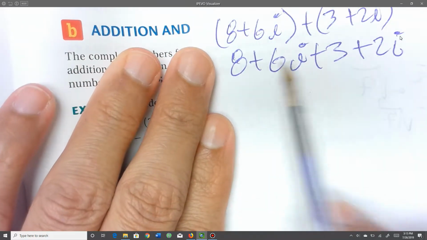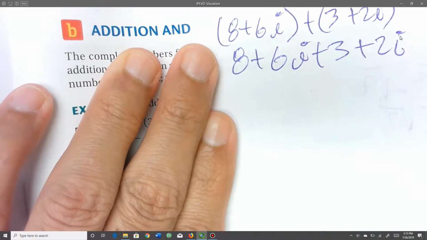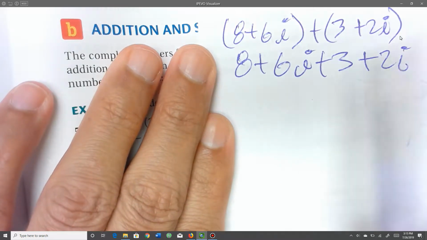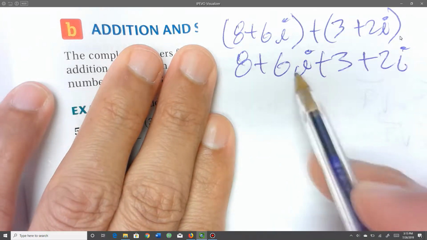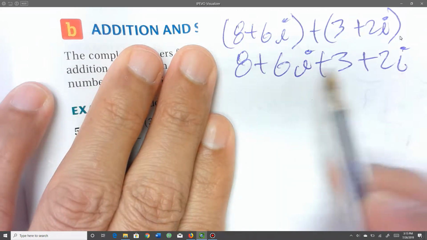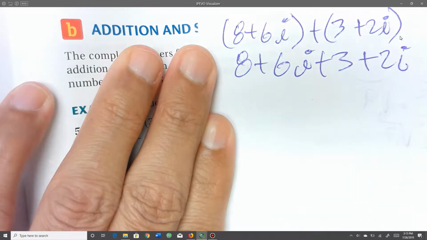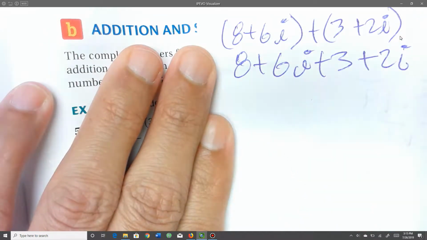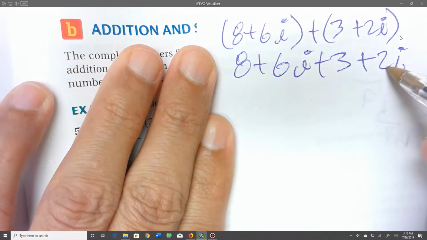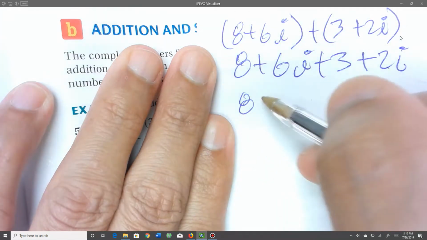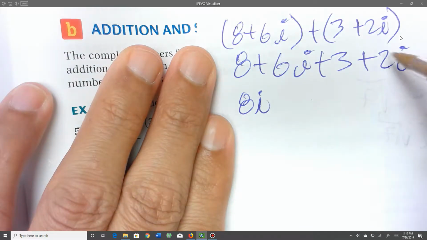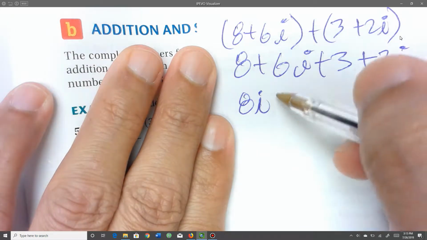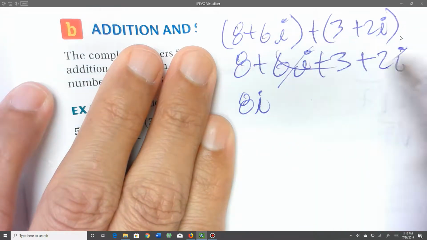Now I can see that I need to combine like terms. Again, treat it just like you would any other variable. Here I have constants and I have variables. My imaginary values there, 6 plus 2 is 8. You treat it just like it was another variable. 8i, okay. I'm done with those two.